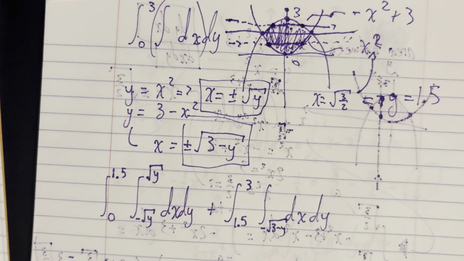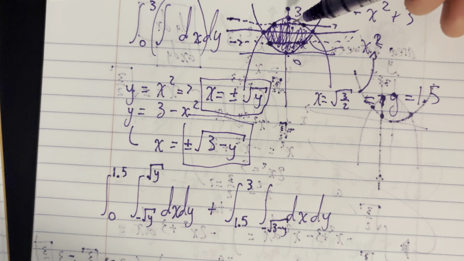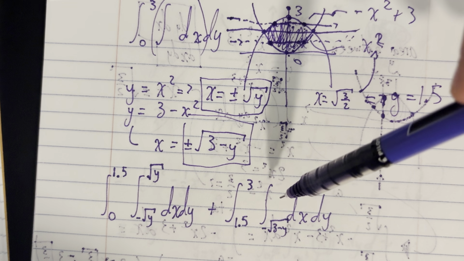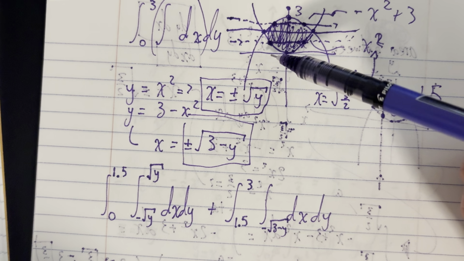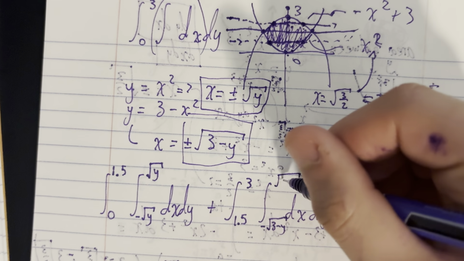Not the positive, because for y values in here, like y equals 2, if we plug y equals 2 into the negative, we get 3 minus 2, that's root 1, and that means x equals negative 1. We're in the negative x region, so that lines up. That means the second part that comes out is positive root 3 minus y.